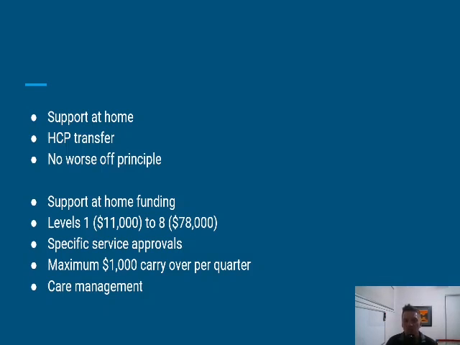So it's a lot harder to build up additional funds than under the home care package program. So if you need more services, you can't save up for a rainy day. You need to get that reassessment. If you feel things are getting harder and harder, you need to get that reassessment as quickly as you can.